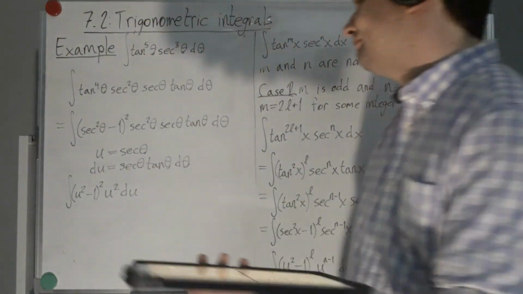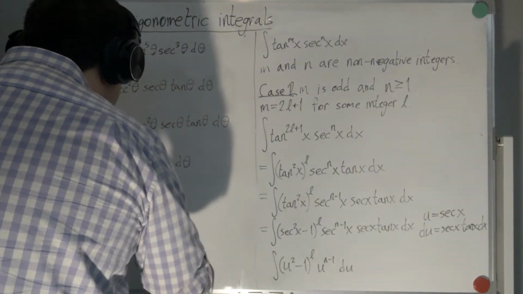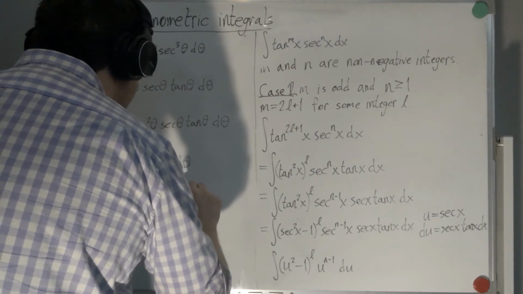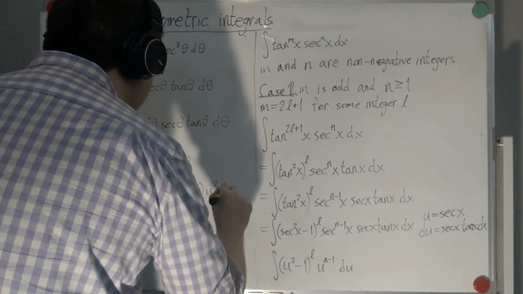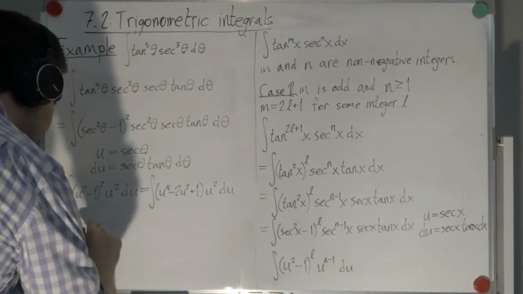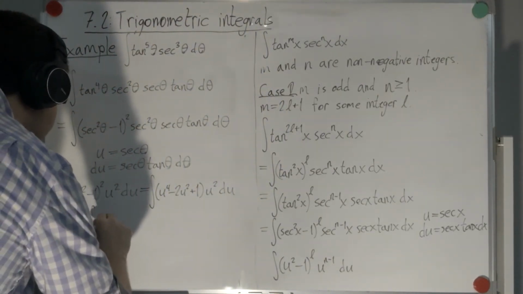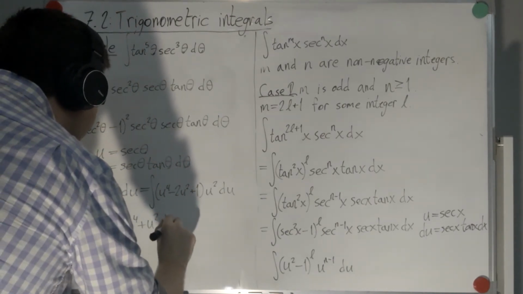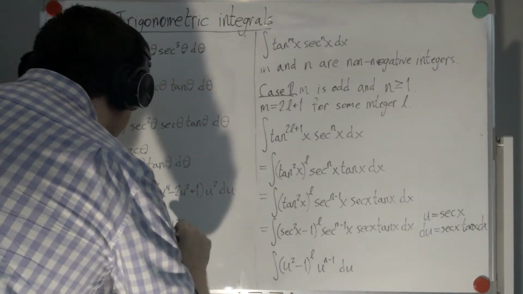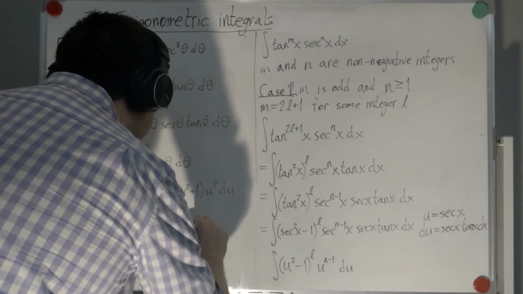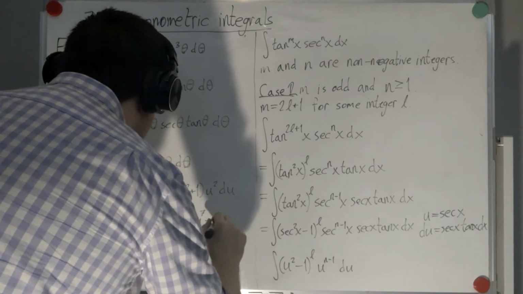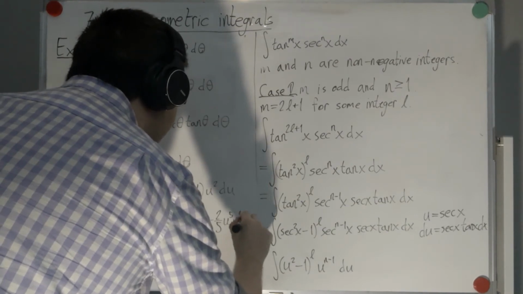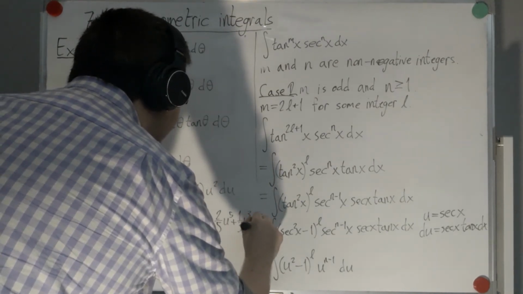And then we can distribute. So this becomes the integral of (u to the fourth minus 2u squared plus 1) times u squared du, which in turn turns into the integral of u to the sixth minus 2u to the fourth plus u squared du. You can take the antiderivative of that and get 1/7 u to the seventh minus 2/5 u to the fifth plus 1/3 u to the third plus c.